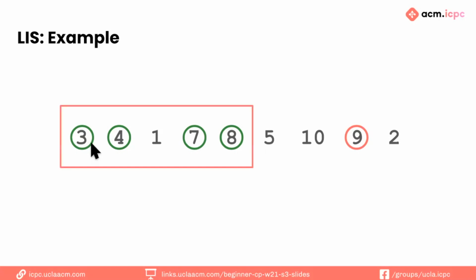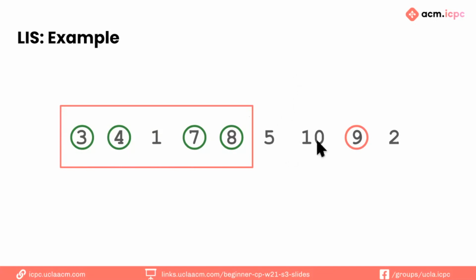What we notice is that 3, 4, 7, 8 is the longest increasing subsequence among these first 5 numbers, so it's the longest increasing subsequence that ends in an 8. That's interesting because once we have the 9, based on any of these possible other numbers as a choice for the previous number, we want to figure out which of them contributes towards the longest possible increasing subsequence.